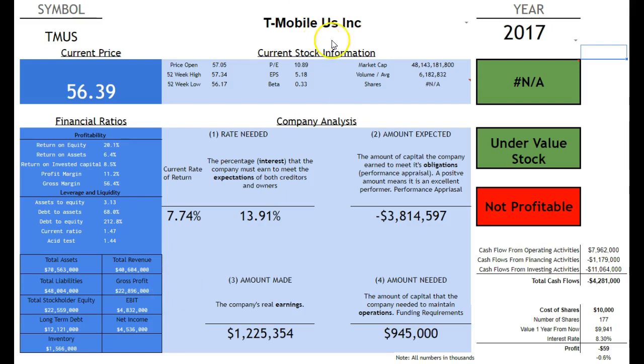What I mean by that is when I make a selection for the years, the platform goes back and gathers that information and puts it in this screen here. The next thing I want to focus on is the first part of the question, to break down the financial statements.